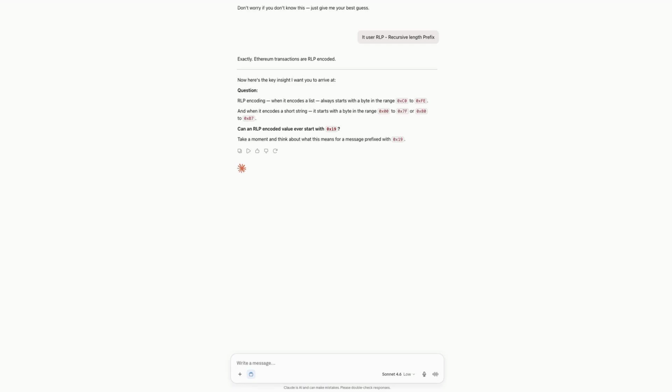Okay, when it encodes a list, it always starts with a byte in a certain range. When it encodes a short string, it starts with a byte in a certain range. Can an RLP encoded value ever start with 0x19?